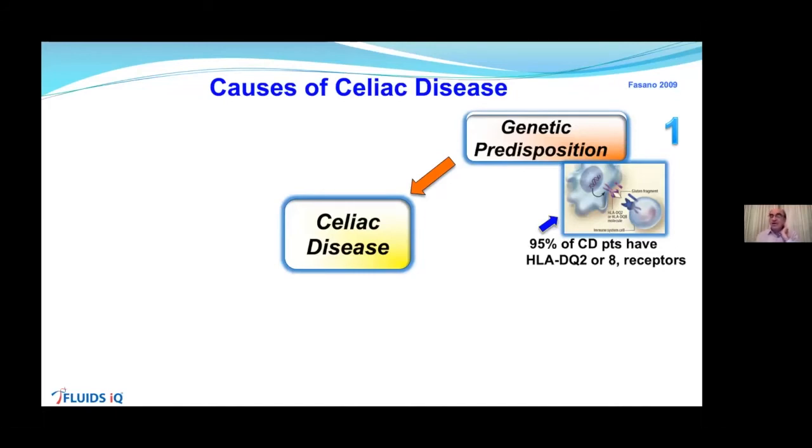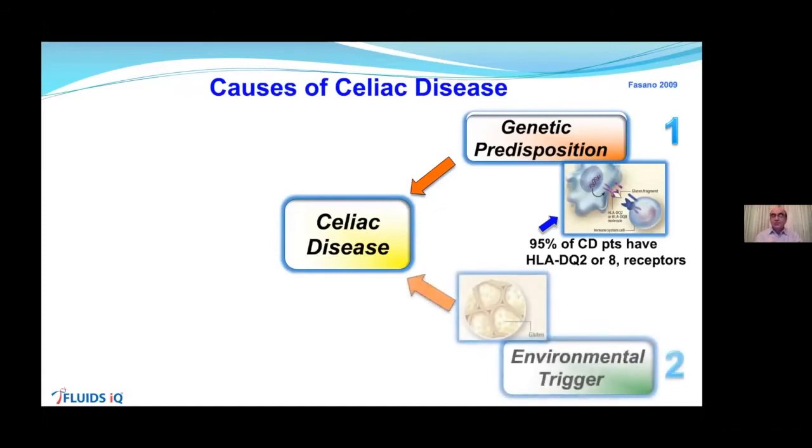They have more of those receptors on the presenting cells in the immune system so that they are primed to be able to respond much more robustly to any entity which they would want to respond to, in this case, to alpha-gliadin, which is part of gluten, and gluten is part of wheat.